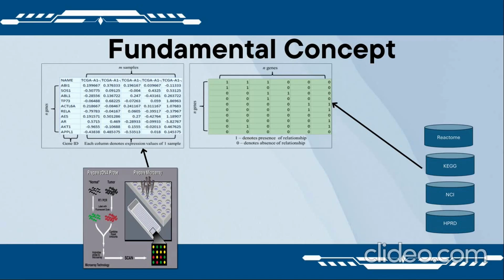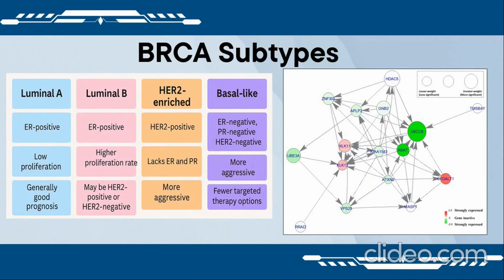For breast cancer BRCA, these networks reveal distinct patterns for luminal A, luminal B, HER2 enriched and basal-like subtypes. By combining expression data with network structure, we turn isolated numbers into a connected biological story, the foundation for our framework.